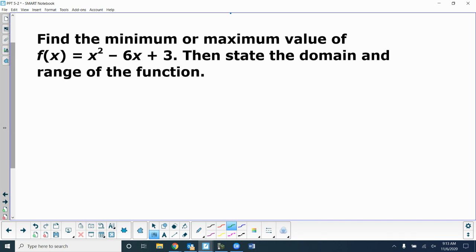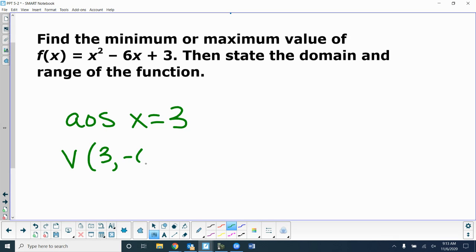Be awesome. All right, so what was the axis of symmetry? The axis of symmetry. So then the vertex was 3 what? No, 6. So is it min or max? Minimum. Why? The a is positive, right? It opens up, right?